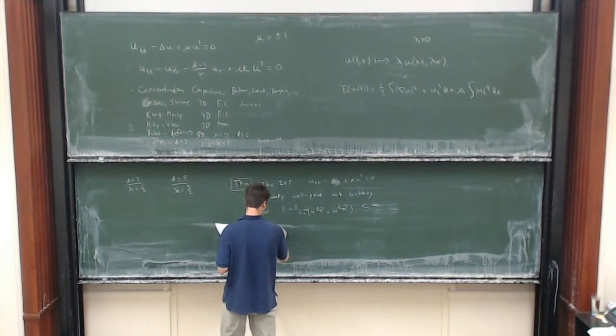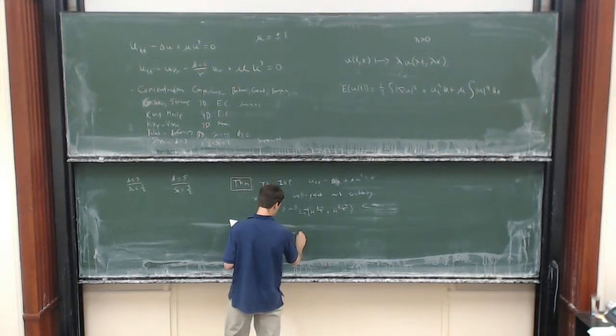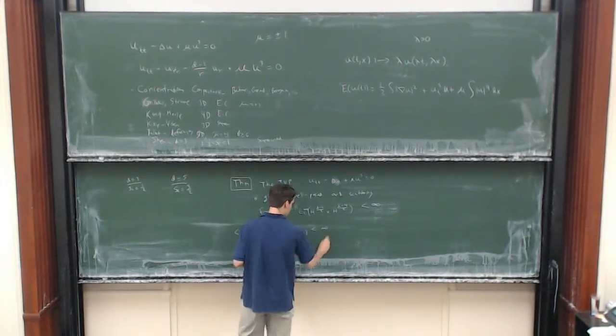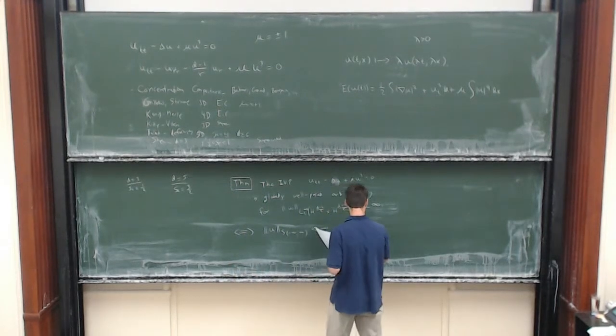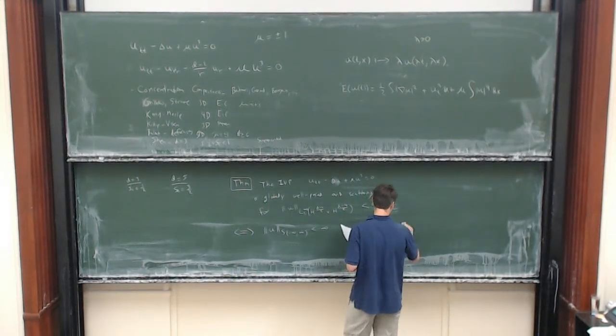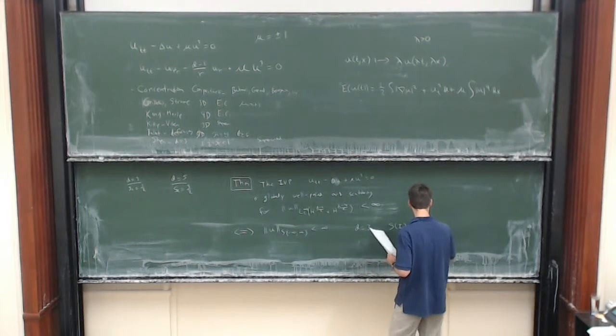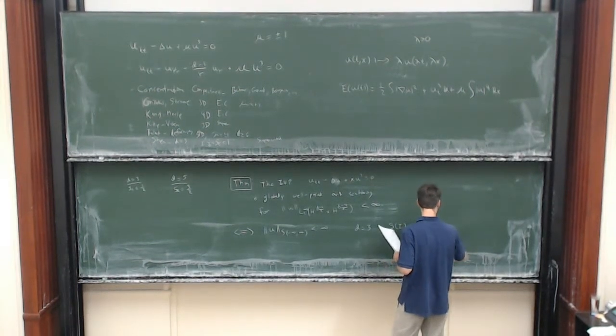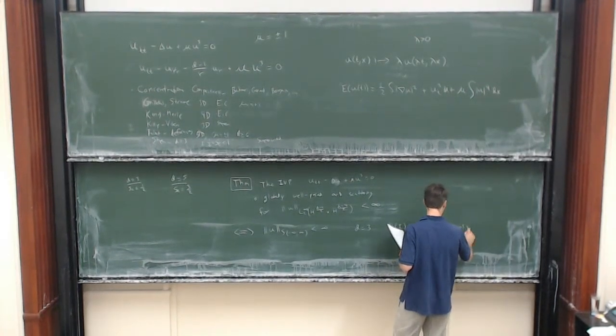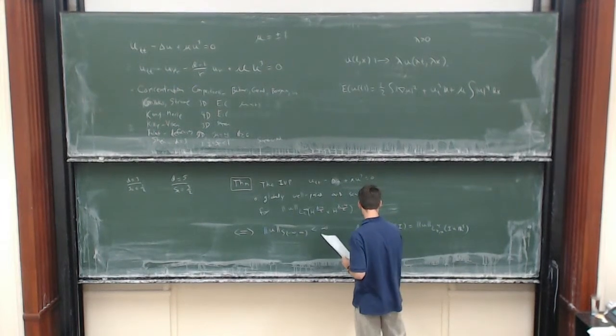So I'll just write it as, where in d equals 3, S of I, and d equals 5.